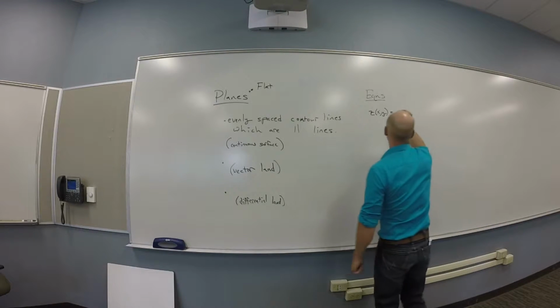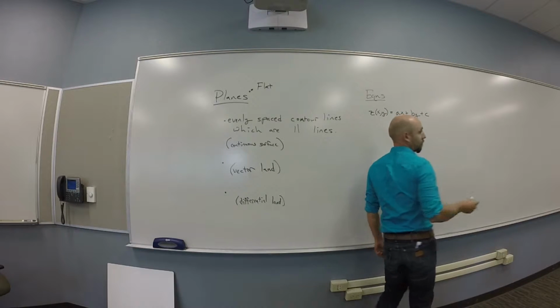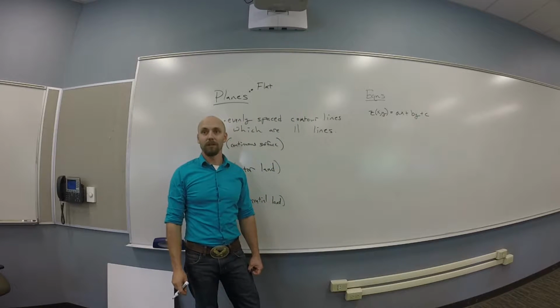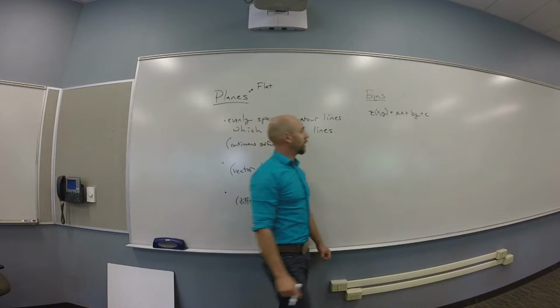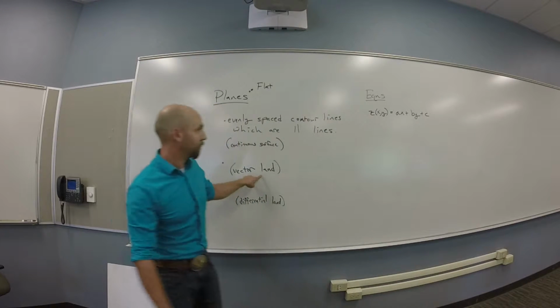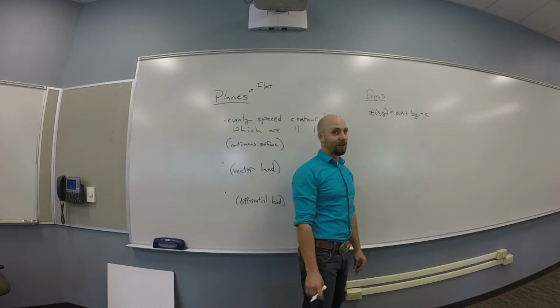So I might do ax plus by plus c or something. You guys kind of with me on that? Yeah. Okay. Technically, I think that probably covers more vector land stuff. We'll get to vector land, I promise.